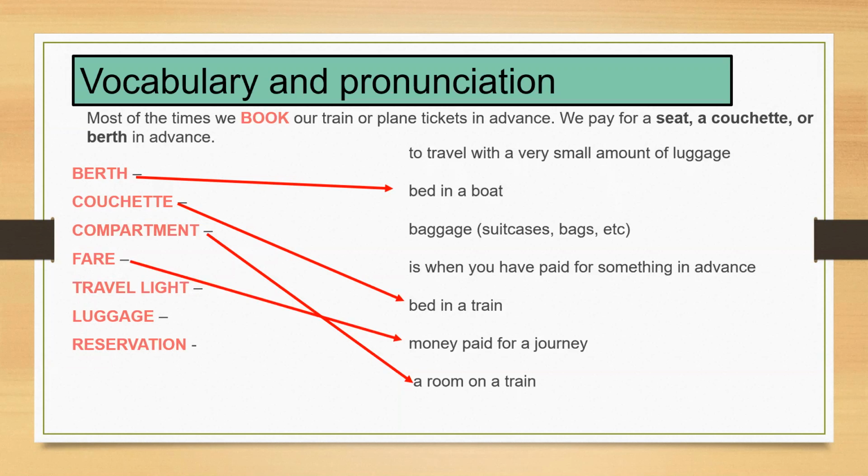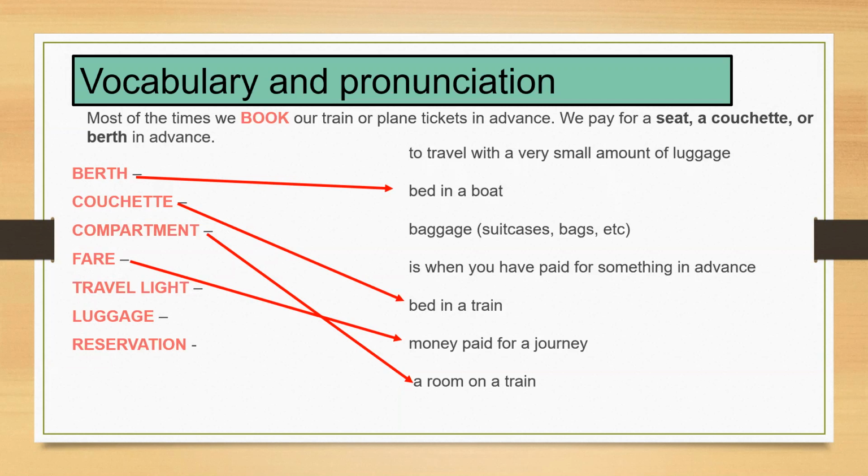Very good. What's the meaning of travel light? Look at the options that we have. Is the first to travel with a very small, okay, with a very small, what?